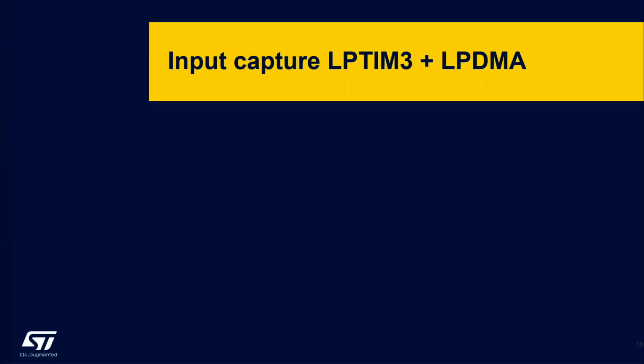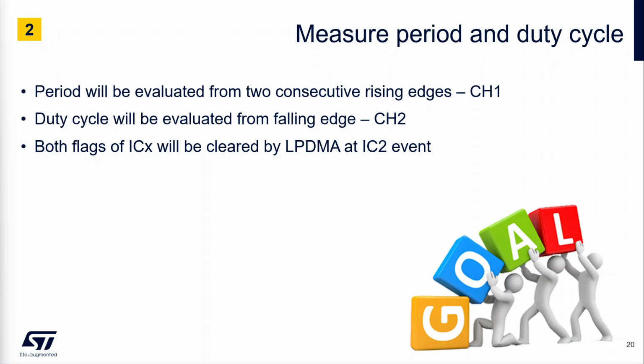Second part of this hands-on, we will configure low power timer 3 to measure the signal generated by low power timer 1. Period will be evaluated from rising edges on channel 1.